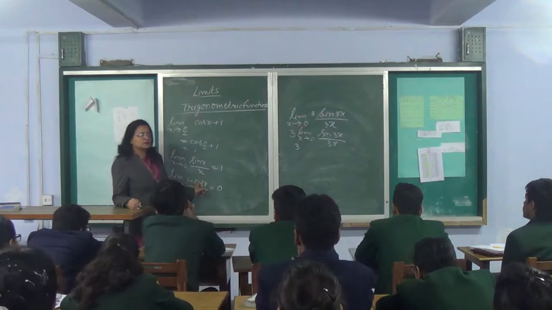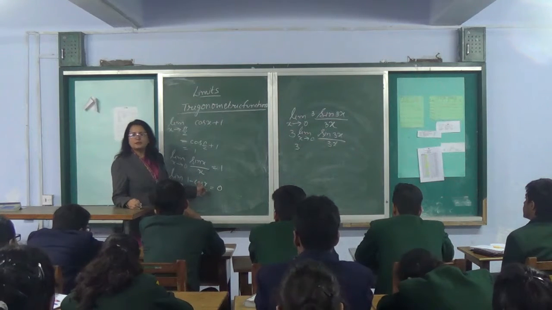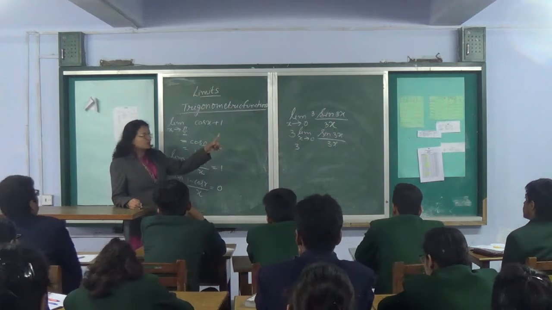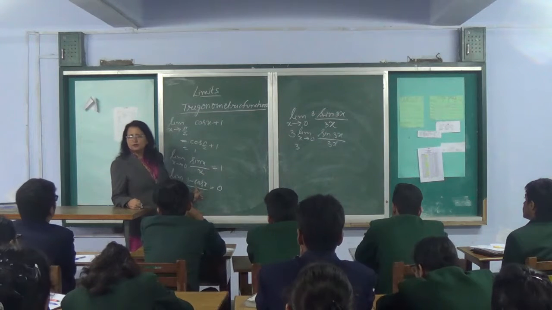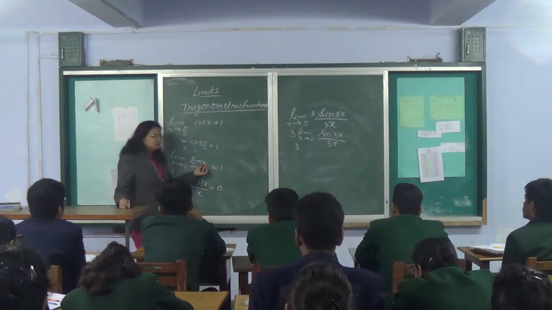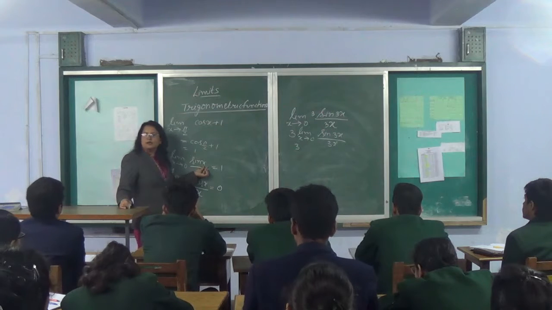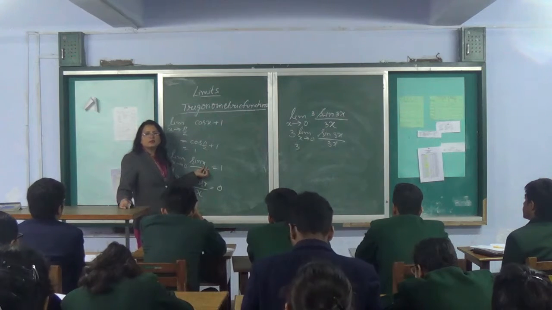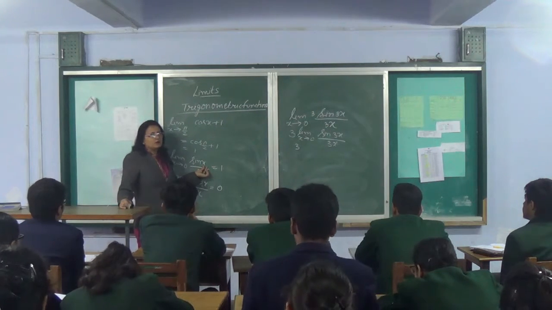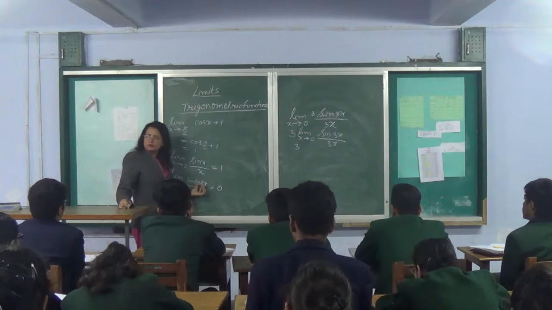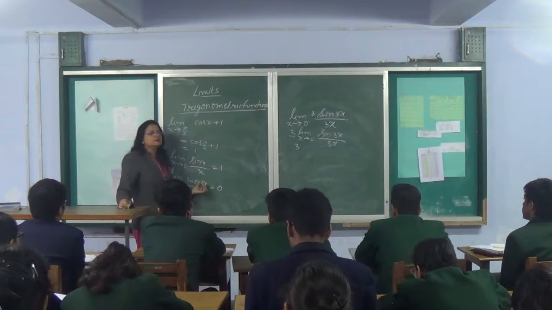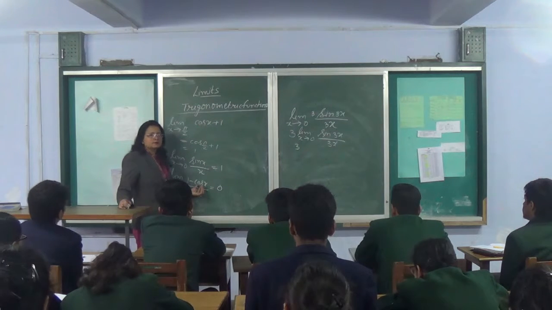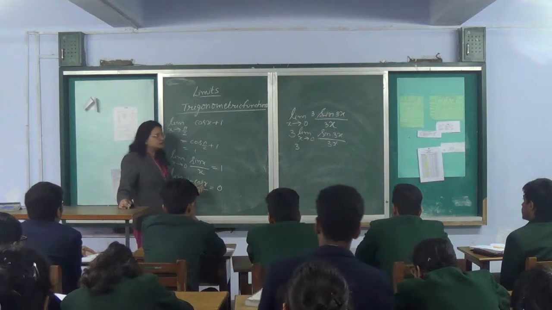So we have used this result. So while applying this result, please make sure that the given function is exactly of this form. Because if here the angle is some multiple of x, then in the denominator also we must have the same quantity. Is it okay?